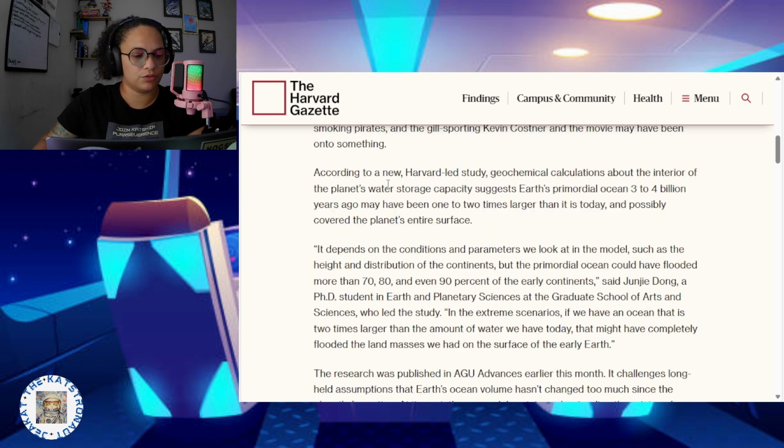According to this Harvard-led study, geochemical calculations placed Earth's primordial oceans 3 to 4 billion years ago. So in these primordial oceans, that's when those first single-celled organisms began to develop.